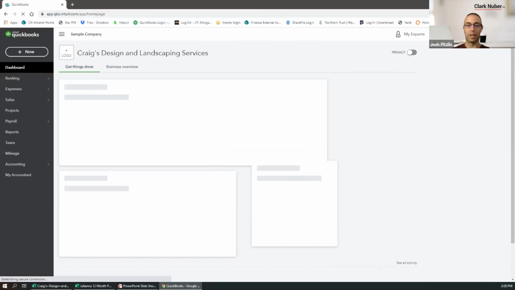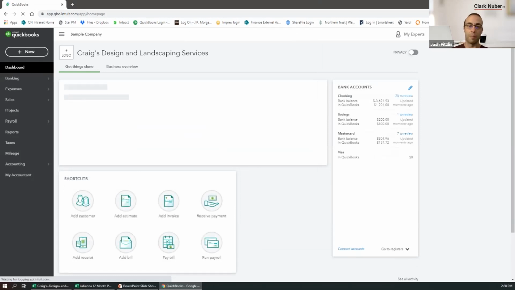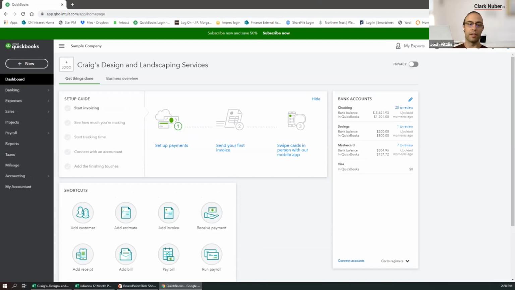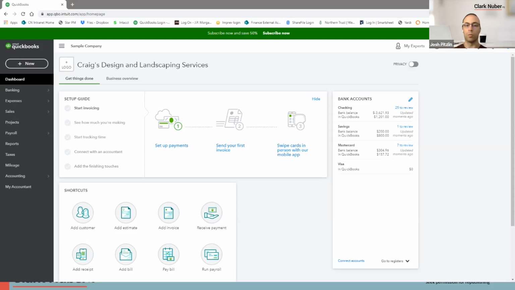Oftentimes one of the first places that we'll look is their AR balance and their AR aging, and the quickness and efficiency with which they're collecting from their clients. Make efforts to monitor that and challenge whoever is in charge of collections in your company, whether it's yourself as the accountant or your salespeople or project managers, increasing their awareness of the importance of communicating to customers that, okay, we invoiced you, we need this payment.